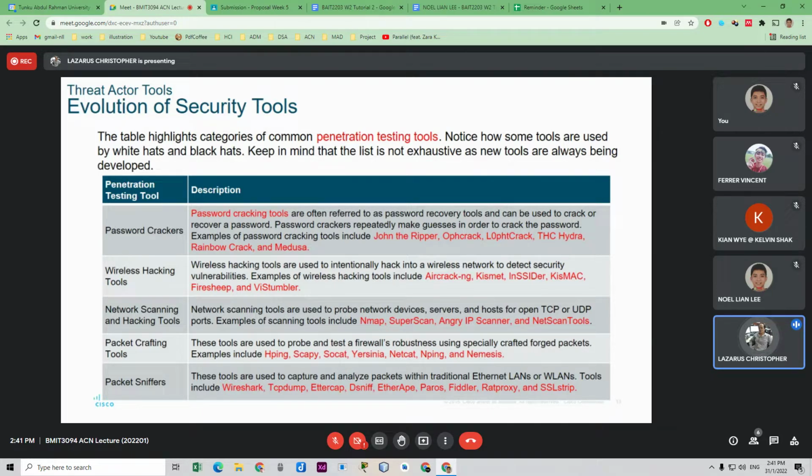So if you're a normal network administrator and you don't learn these security pen test tools, then how would you know? Normally, either you take a certification, then you know all this, or your organization focuses on network administration.